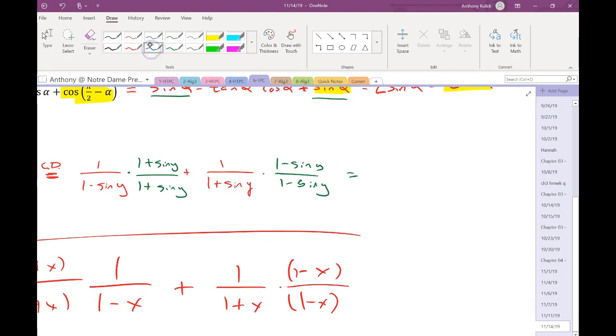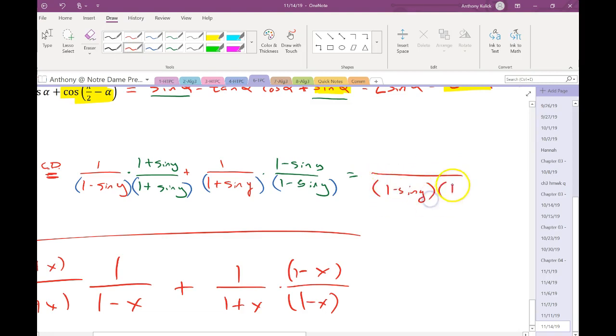So what am I going to have to do when I multiply the denominators together? Sure, we can just write it as one line. I was going to multiply things out first, but we don't have to do that.